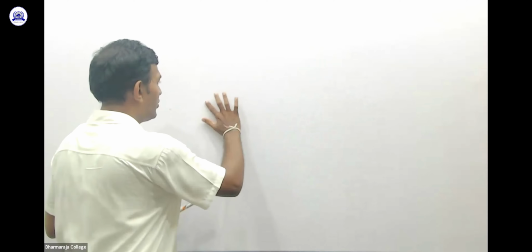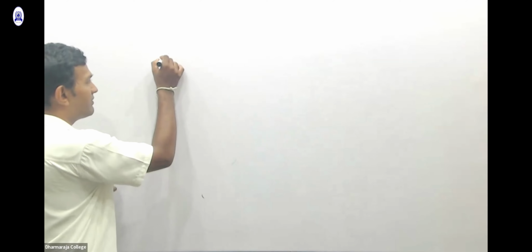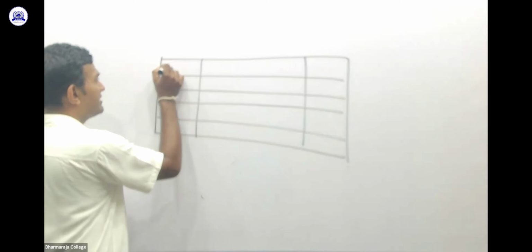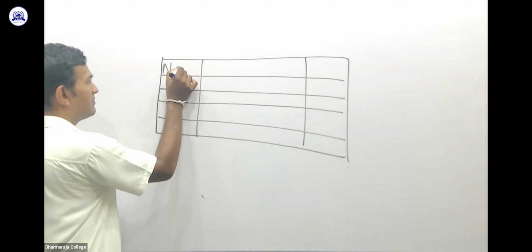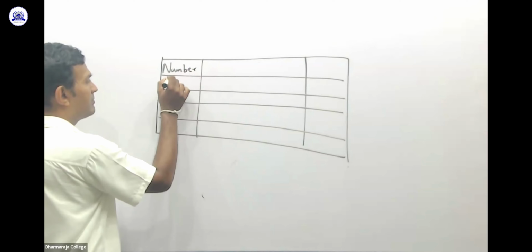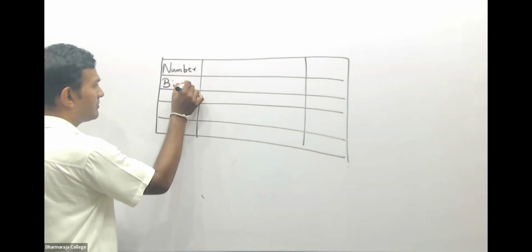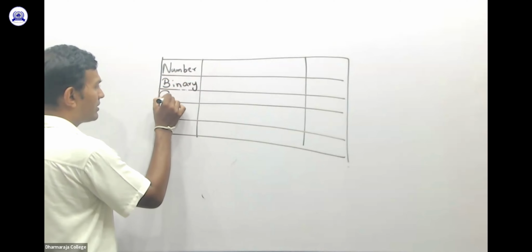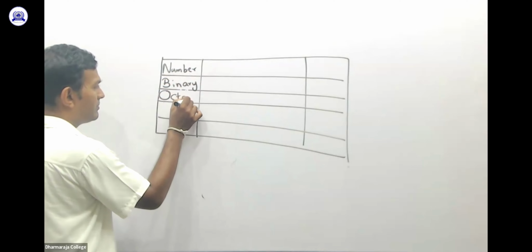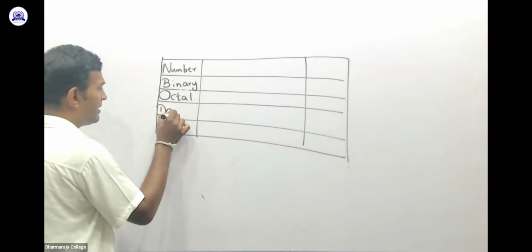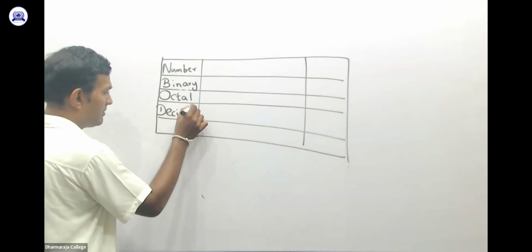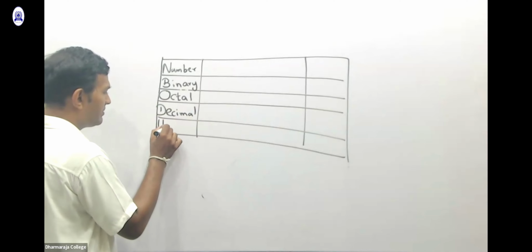Let me show you here. We just say this is the number system: binary, octal, decimal, and hexadecimal.